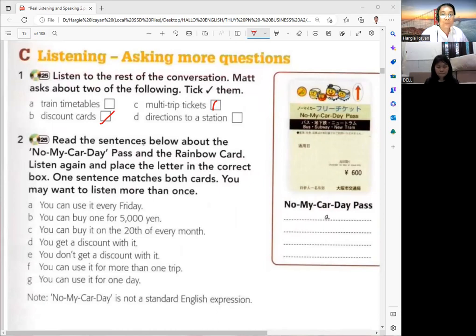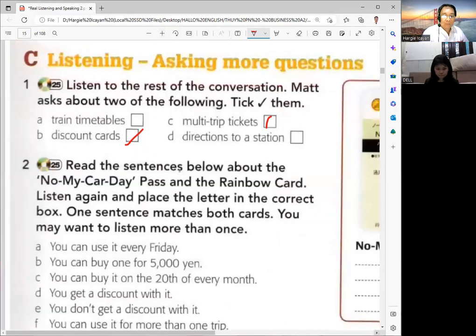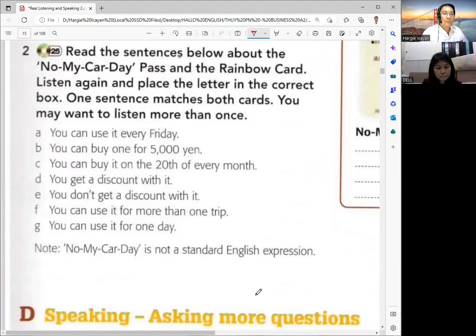Recording 25. What about discount tickets? Is there any way to get a cheaper fare? Well, we've only got one discount ticket. Okay. If you take the train every Friday or the 20th of every month, you can use the No My Car Day discount pass. Okay. So, how does that work? If you buy a No My Car Day discount pass, you can go everywhere on the underground for a whole day, and it costs 250 yen less than a normal day pass.